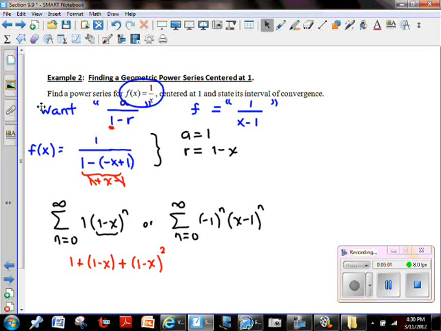Do the same thing for this guy, throwing in n equals 0. Anything to the 0 times anything to the 0 is obviously 1. Now things will get interesting. If I let n be 1, I would have a negative and then quantity x minus 1 to the first. And then if I throw in n equaling 2, I would have a positive 1, since negative 1 to the second is positive 1, times x minus 1 squared.